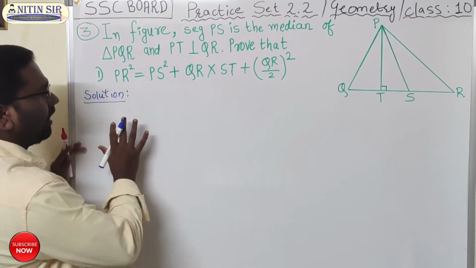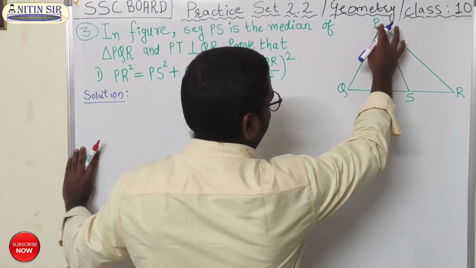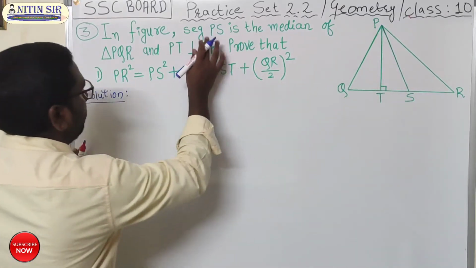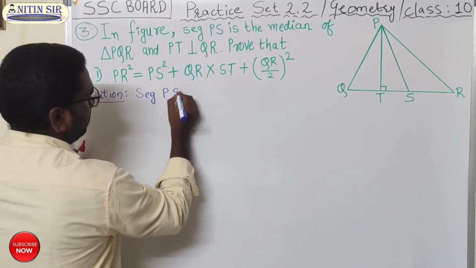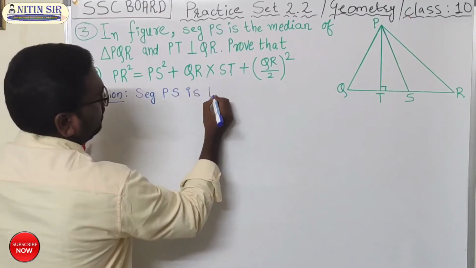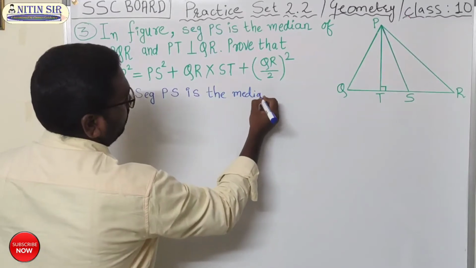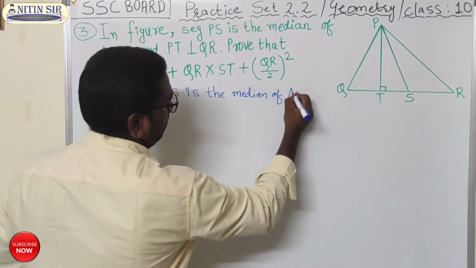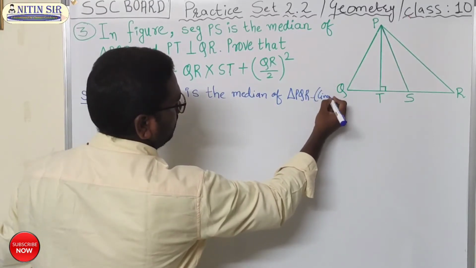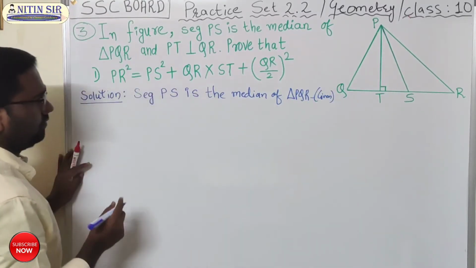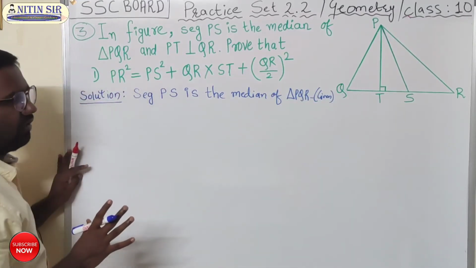So in the solution we can write here, this is triangle PQR, segment PS. Segment PS is the median of triangle PQR. This is given.